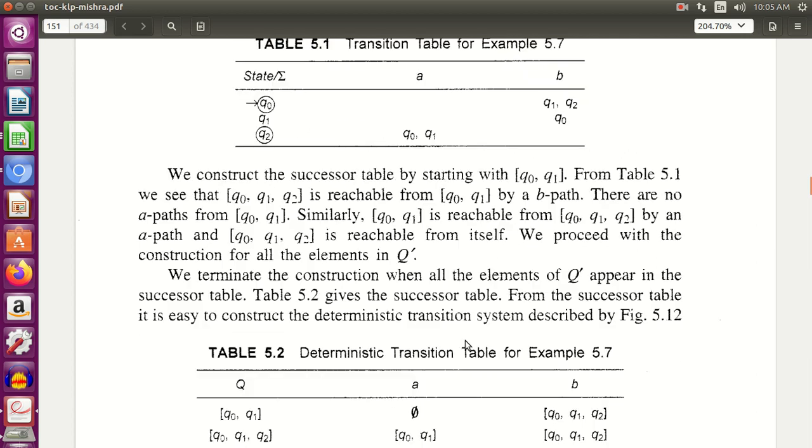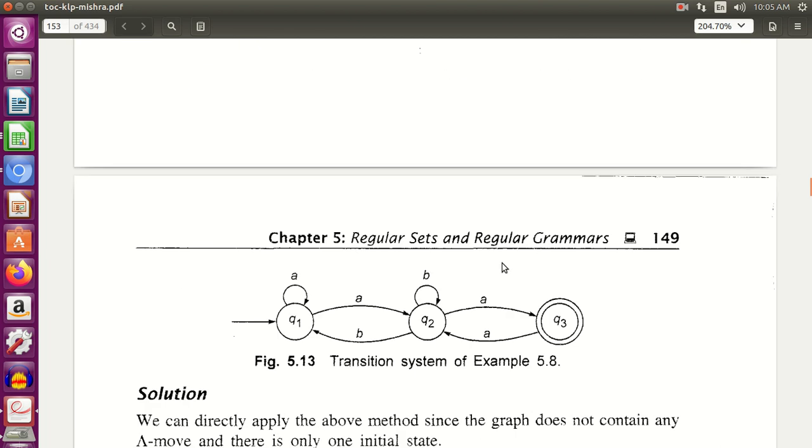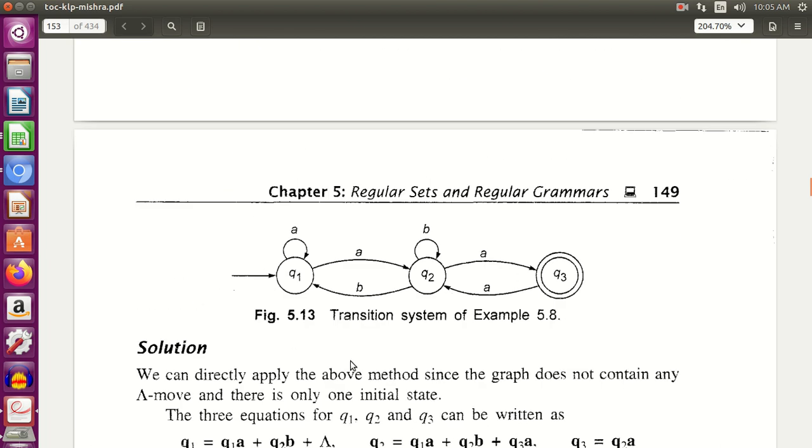Okay, so that is the thing we are going to do. Not that part, this one, the algebraic method using Arden's theorem. So we will be given a transition system, maybe an FA or a DFA, and we will find the corresponding regular expression for the given transition system.